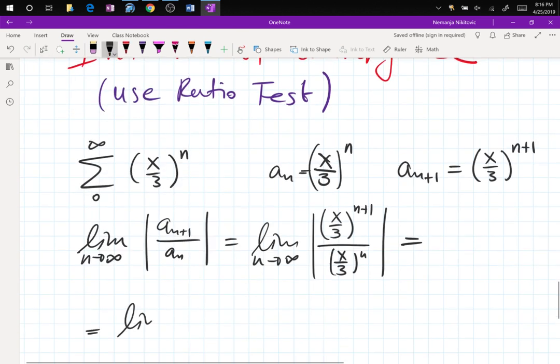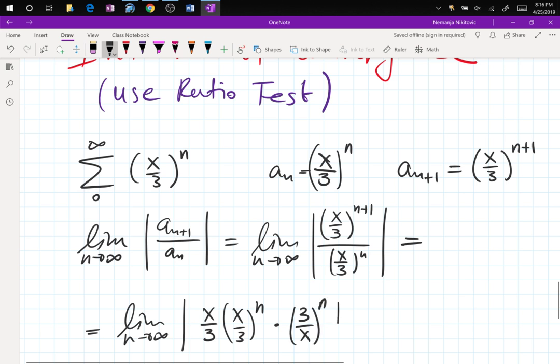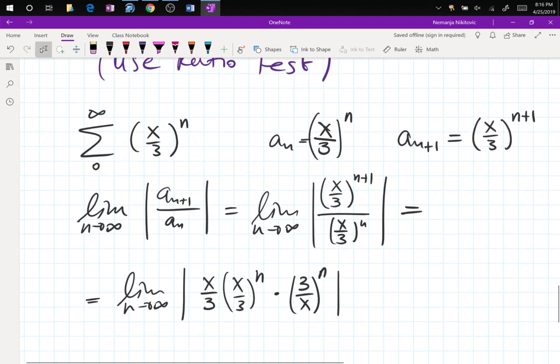Next, limit as n goes to infinity of the absolute value of x over 3 times x over 3 to the n times 3 over x to the n when you multiply it up. Or you can leave it and cancel, whatever.